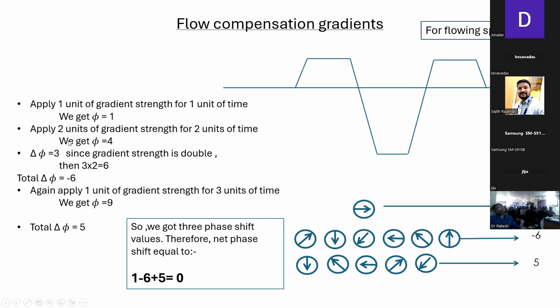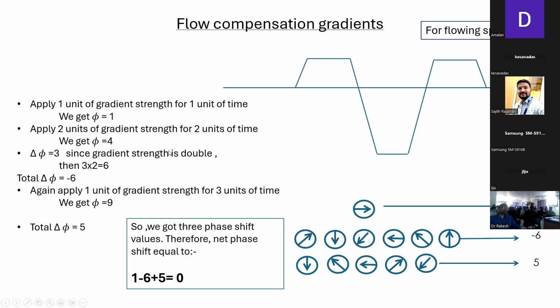And if we apply 2 units of gradient for 2 units of time, look at this example. 2 units of time means t square, so we need to do 2 square, which is 4. We get a phase value of 4. There is one peculiarity here: the gradient strength is negative, and also twice as large as the previous lobe.